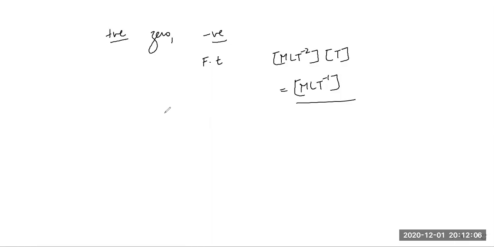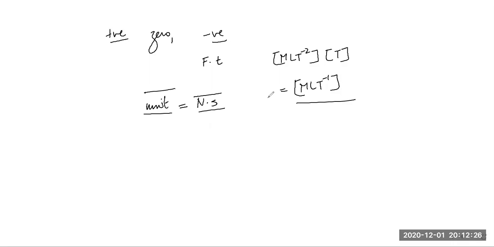And what will be the unit of impulse? Yes, Ishma, what will be the unit of impulse? Unit would be force times time: Newton second. Don't worry, don't get frightened to say something right, wrong, whatever it is.